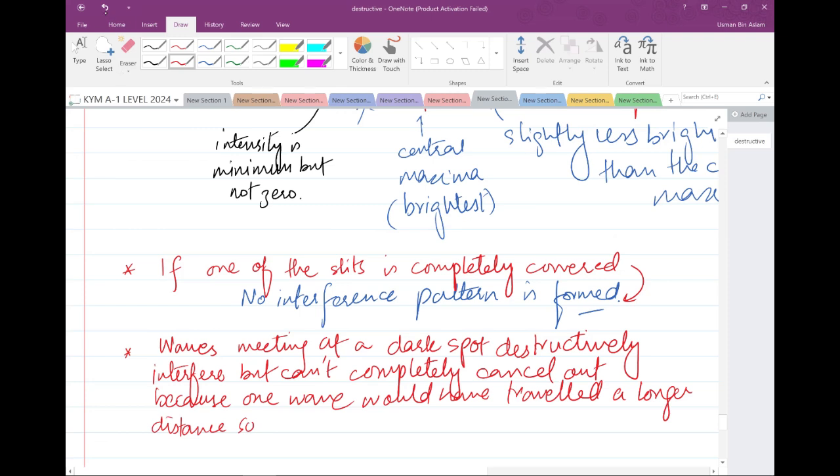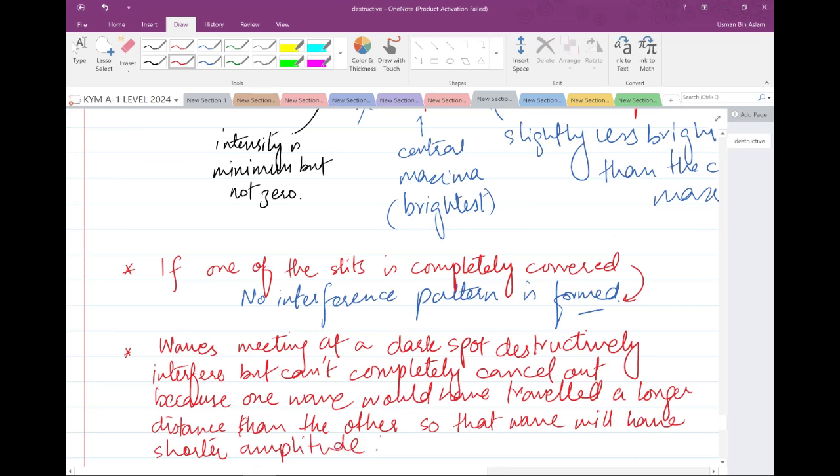So that wave will have shorter amplitude than the other wave.